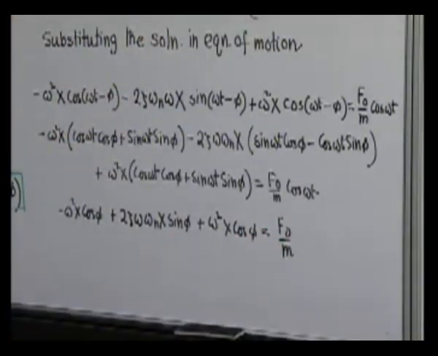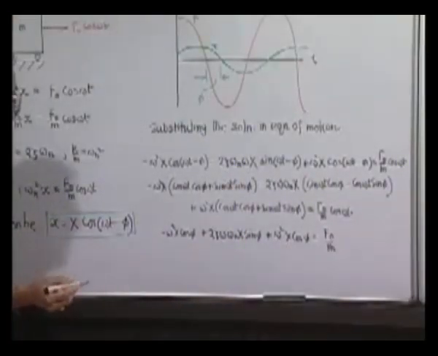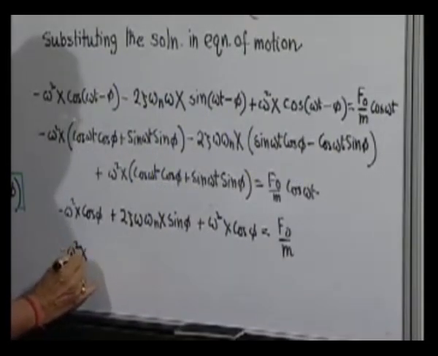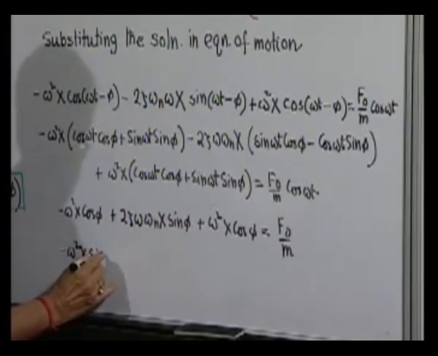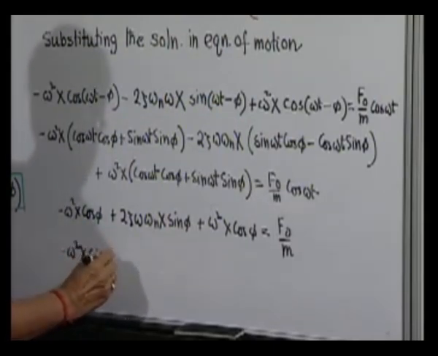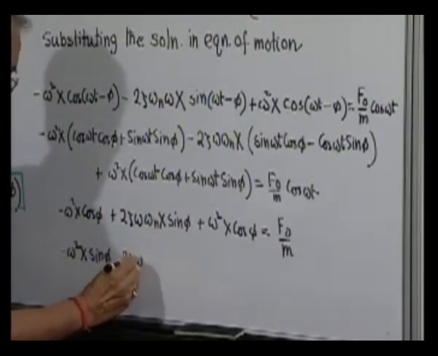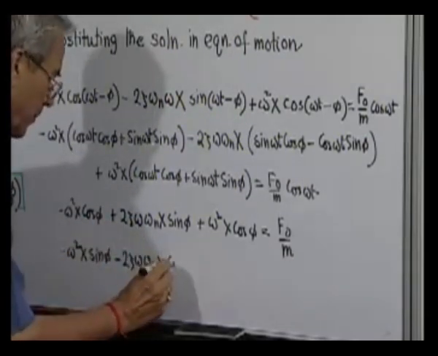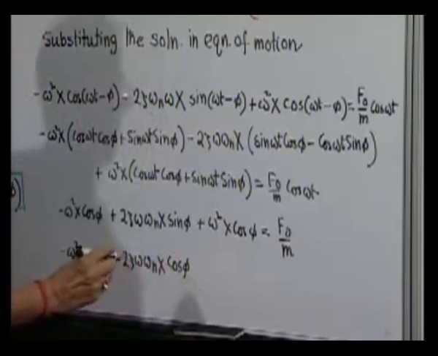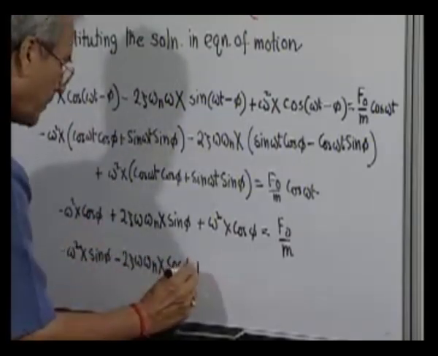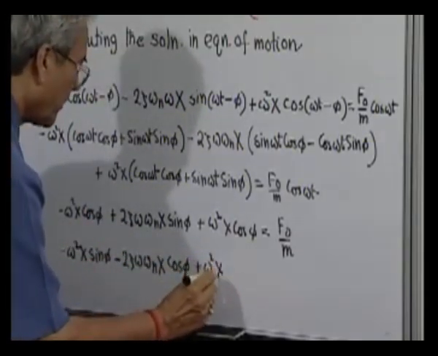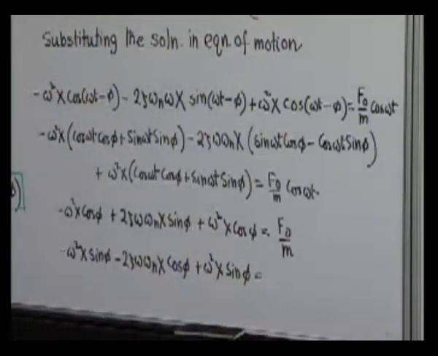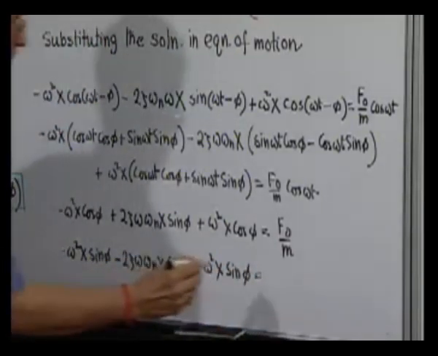Now again we have to equate the coefficient of sine omega t, and the coefficient of sine omega t on the right hand side is 0.